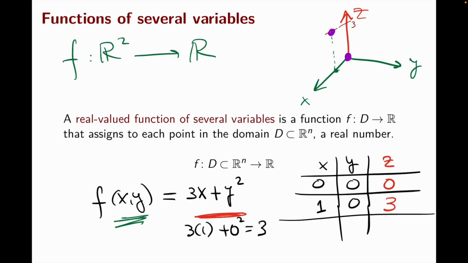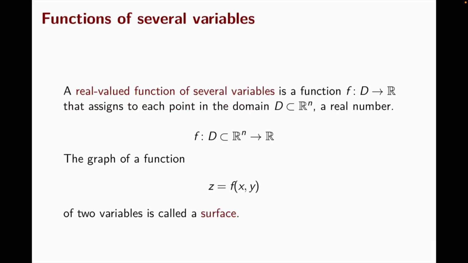So we are trying here for some kind of drawing in the three-dimensional space. I want to emphasize that when the domain is R2, the graph of this function actually lives in R3. So we need one more dimension to draw this function. And the graph of a function of two variables is going to be called a surface.